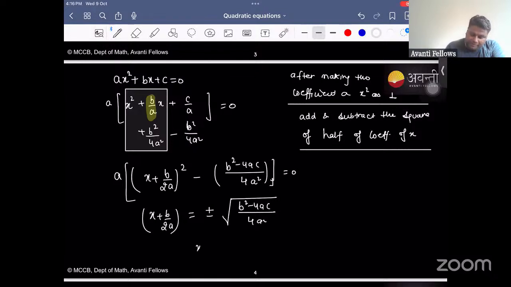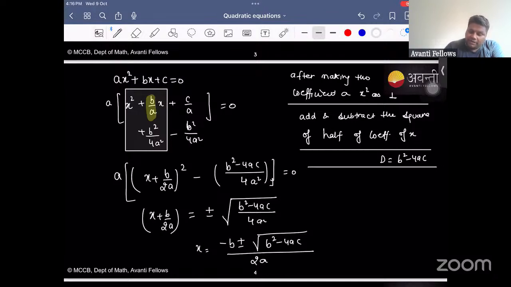So x will be minus b plus minus under root of b square minus 4ac upon 2a. Now this b square minus 4ac is what? The discriminant of the quadratic equation. So x is minus b plus minus under root of d upon 2a.